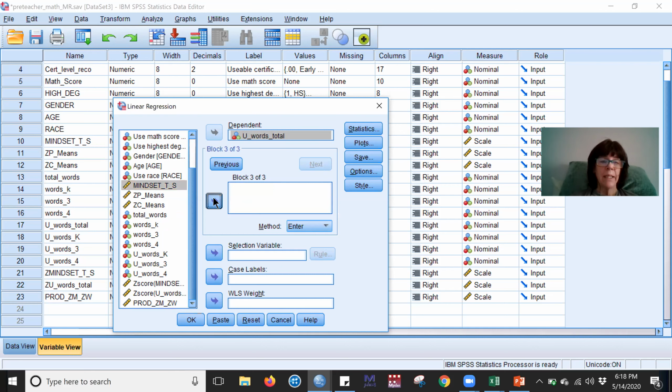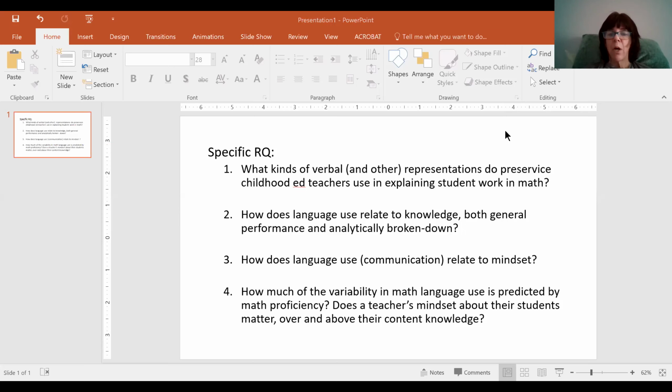And we're adding that last because you may remember, or I'll pull it up again if you don't remember, that part of this research question here is the over and above.